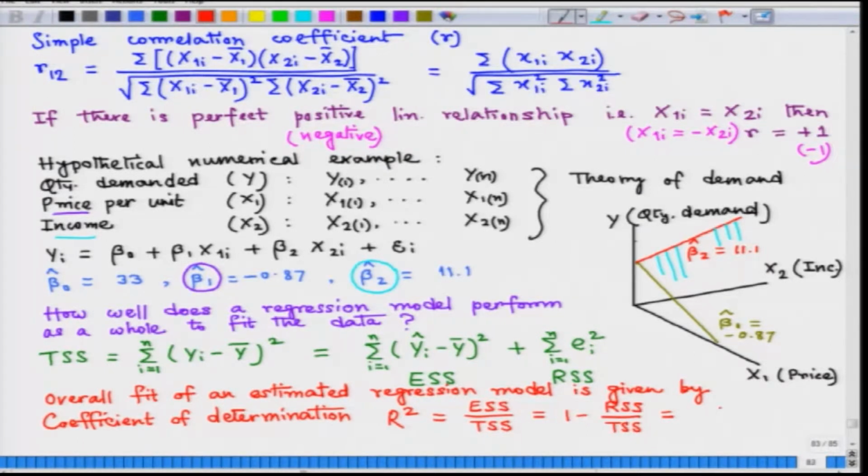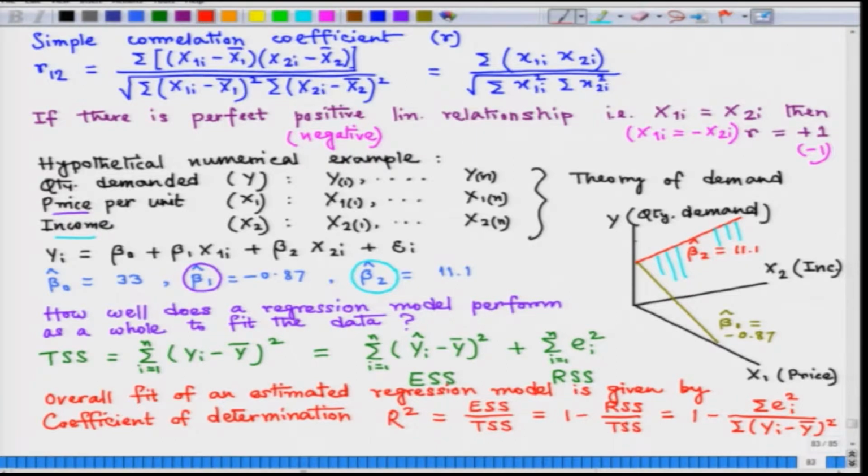I am just going to give you the basic results that are required to do some applied microeconomic data analysis. So, if you see some software output, then you will understand what these measures actually mean.